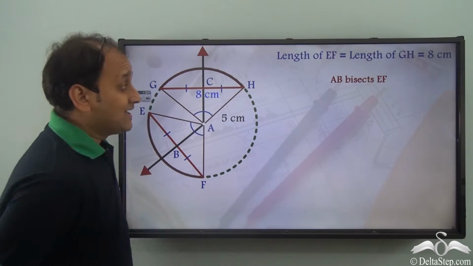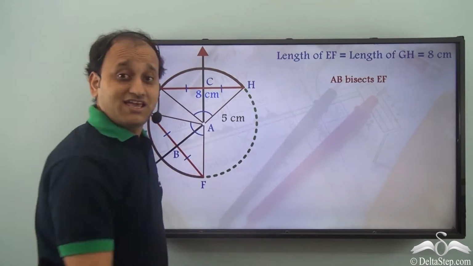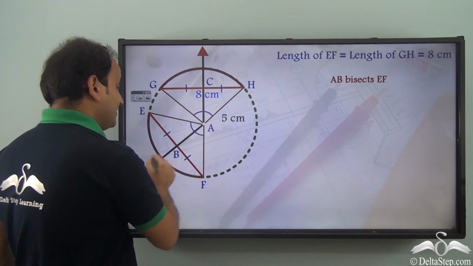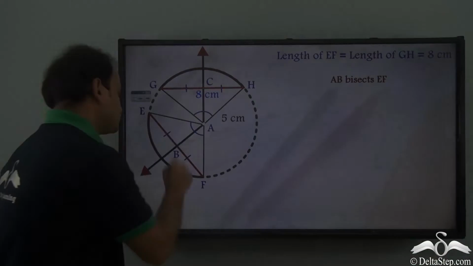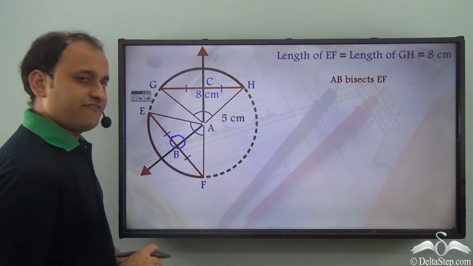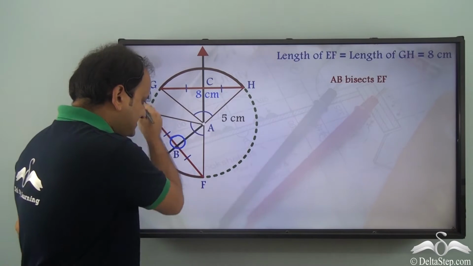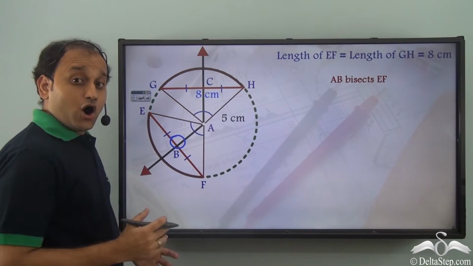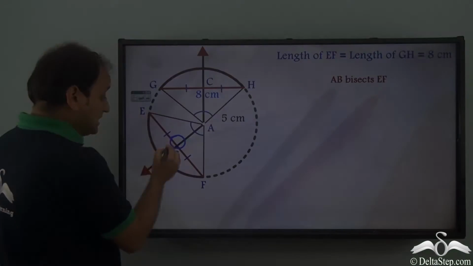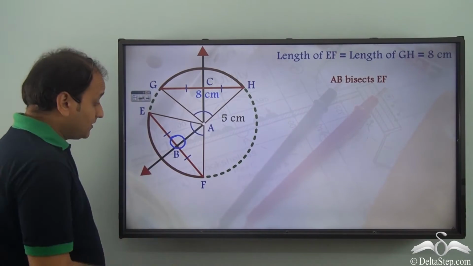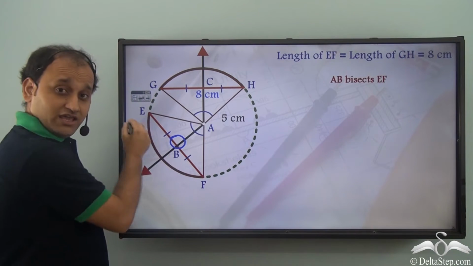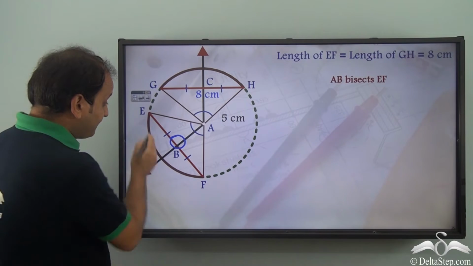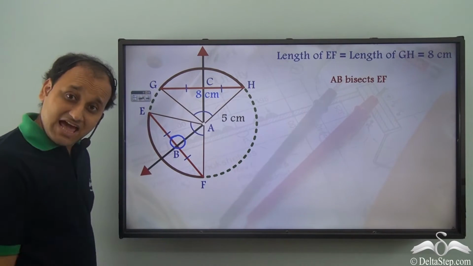Also it is given that AB bisects EF. So if we talk about this particular ray here, it meets EF here and it bisects EF. So EB is equal to BF, or we can say that EB is half of EF because EB and BF are equal and EB is 1/2 of the entire line segment EF.